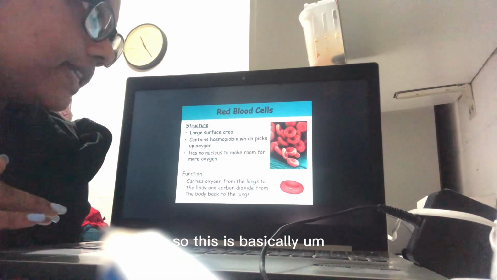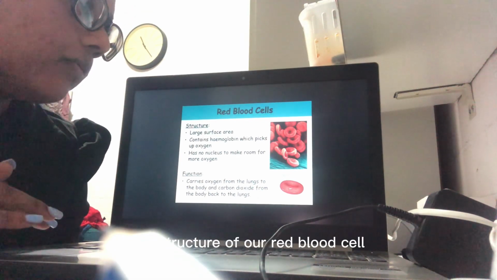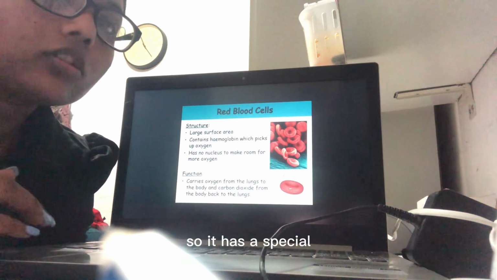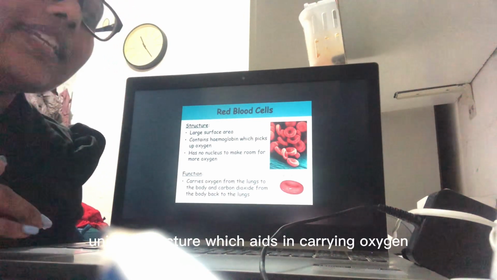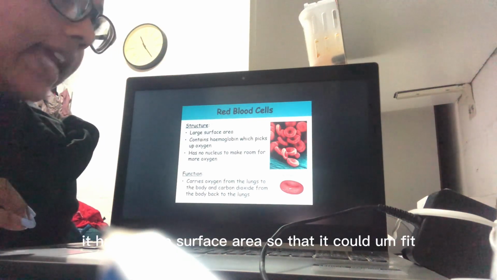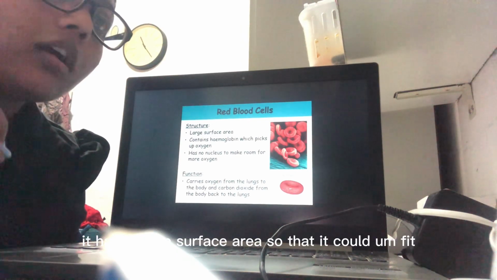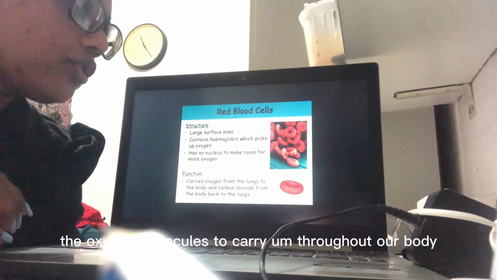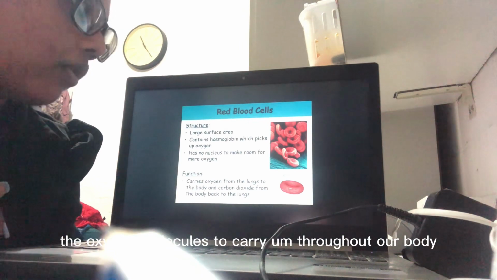So this is basically the structure of our red blood cell. It has a special, unique structure which aids in carrying oxygen. First up, it has a large surface area so that it could fit the oxygen molecules to carry throughout our body.